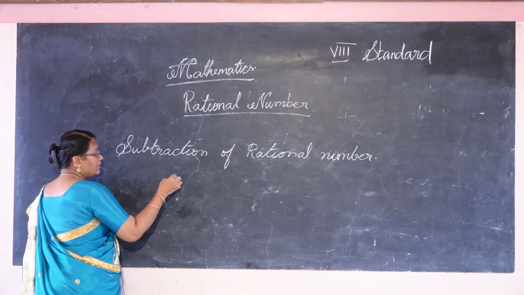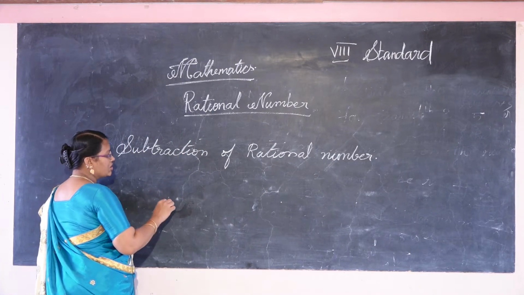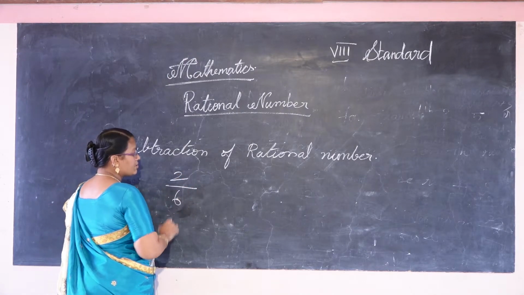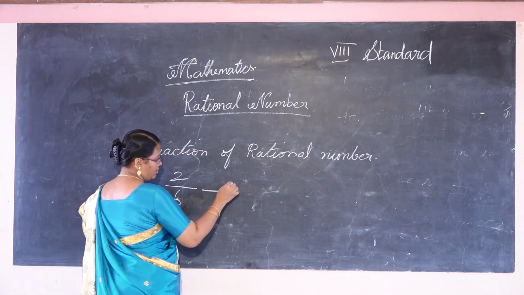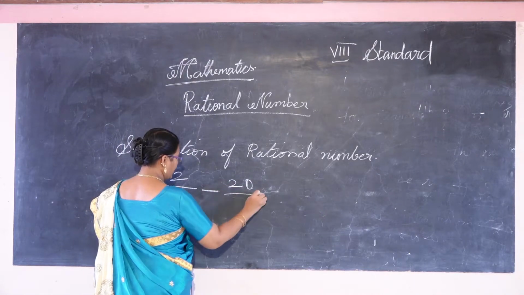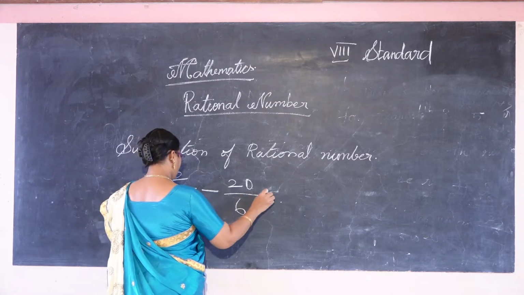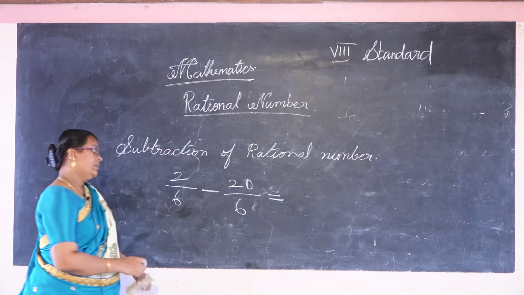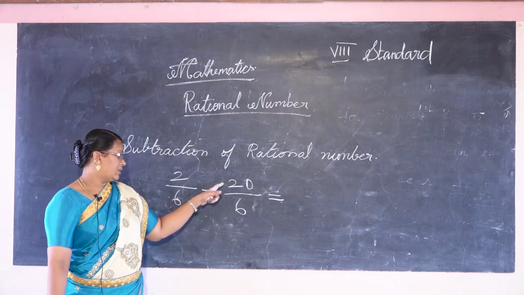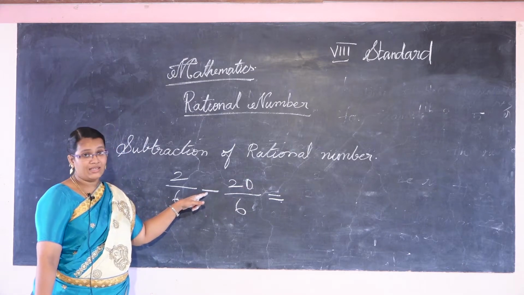So, we consider two like fractions first of all. So, 2 by 6 minus 20 by 6. Here you should note these two terms are like fractions, but the operation sign is minus.